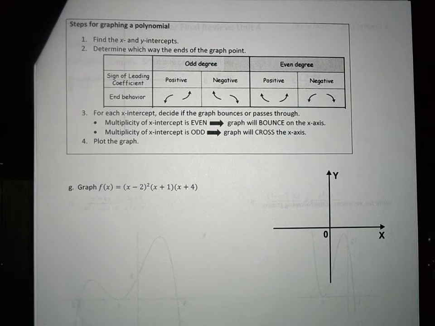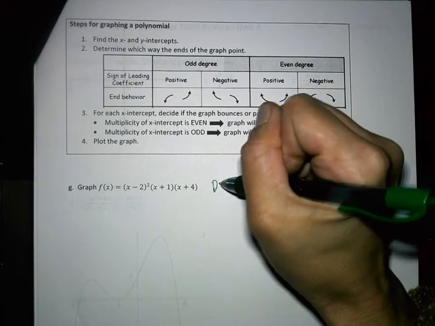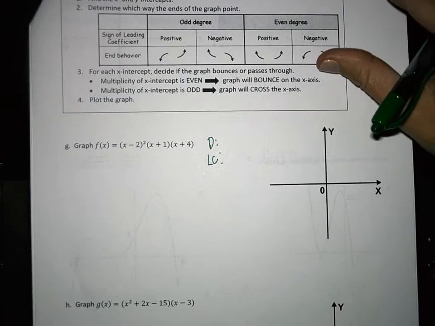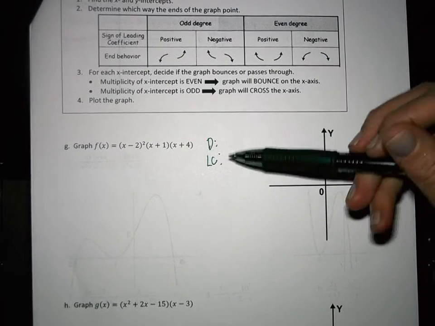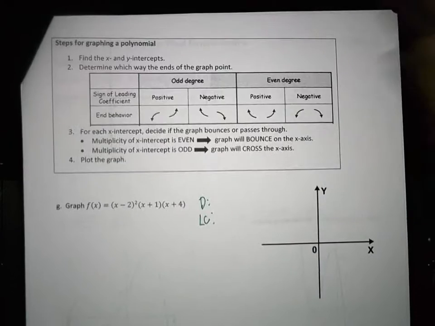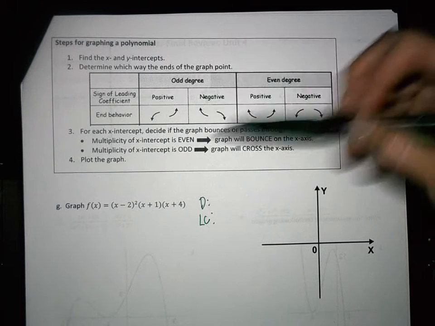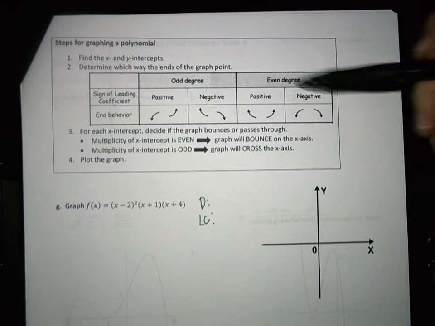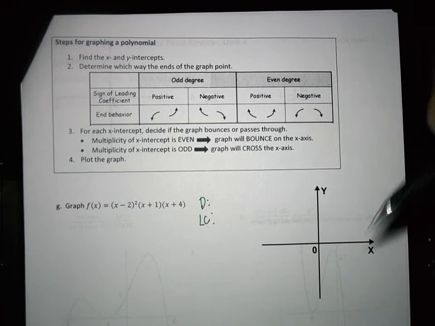There are two things when you're graphing that you need to know at the beginning, and that is your degree and your leading coefficient. So remember that your degree, if it's odd, opposite, right? Odd means opposite end behaviors, where if it's an even degree, they will go in the same direction.